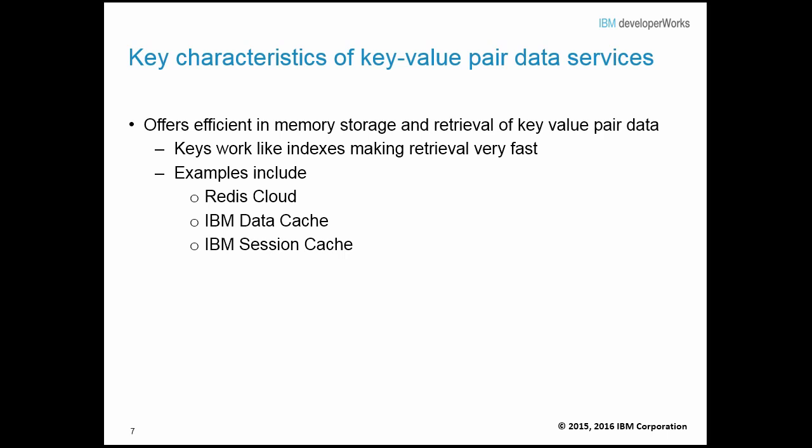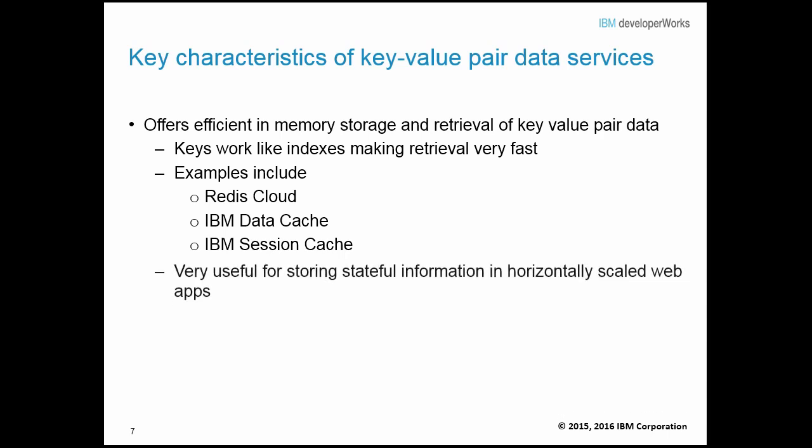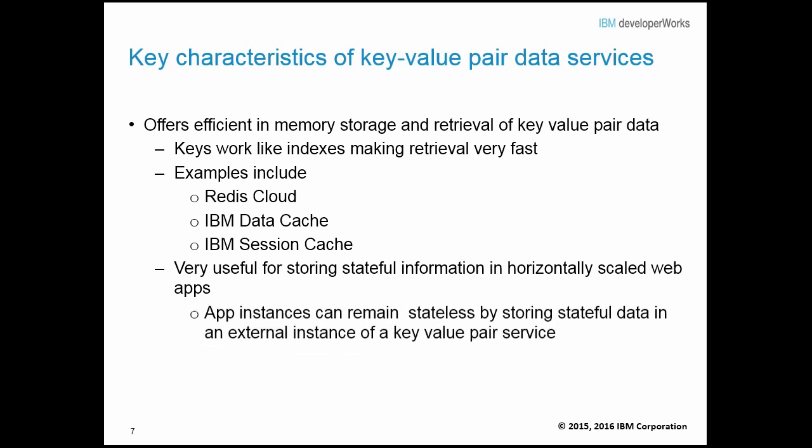Now, these types of services are very useful for different use cases, but they are particularly useful for storing stateful information in horizontally scaled web apps. This allows these app instances to remain stateless because they store all their stateful information in an external instance of a key-value pair service.